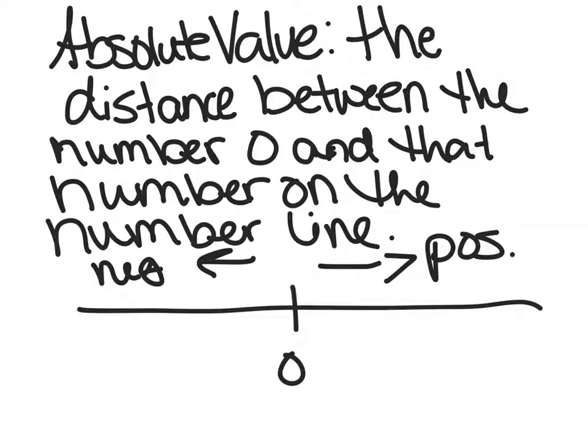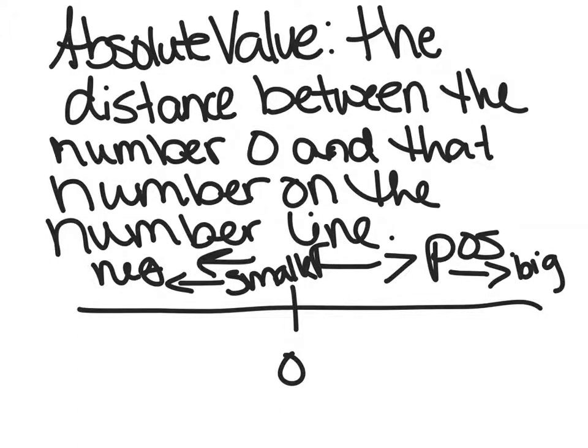Now, on the positive side, as you go this way, the numbers get bigger. As you go the opposite direction, the numbers get smaller. Okay? So here I go. 1, 2, 3, 4.